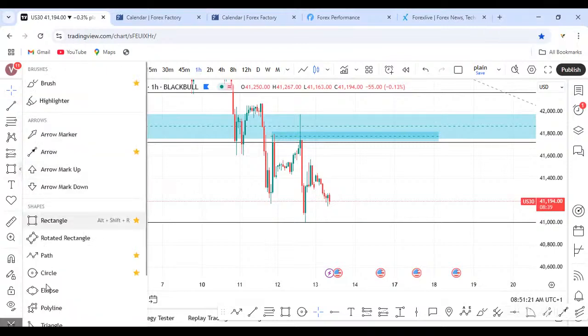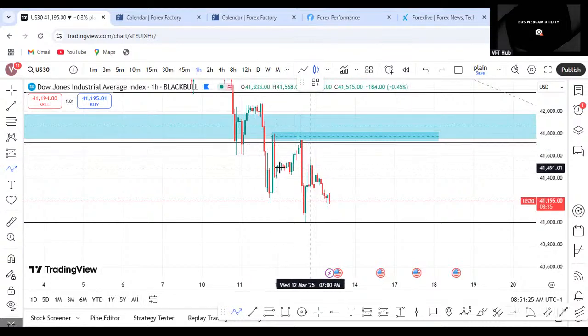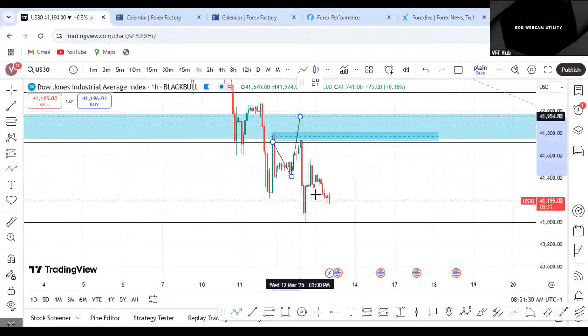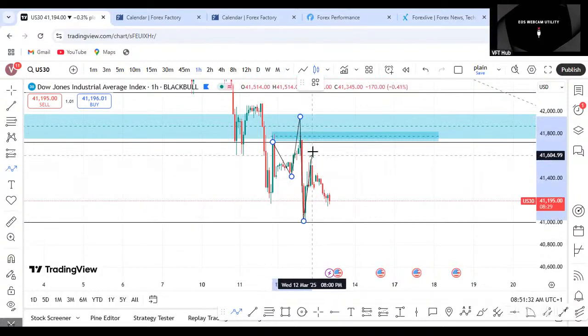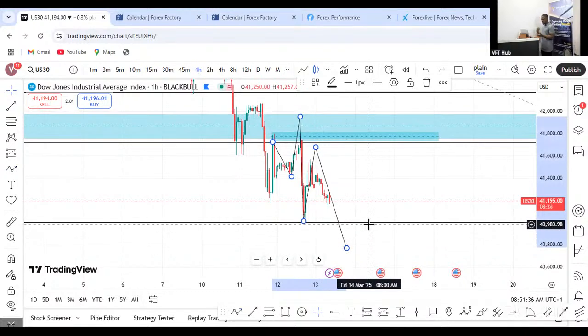Meaning price is going to push like this, have a sweep, break, and then price is going to come here and start pushing to the downside. So this is another possibility in this market. And why am I considering this trade setup? Because of the current theme we have. The market has been selling heavily because of the primary driver, which is the fundamental from President Trump.